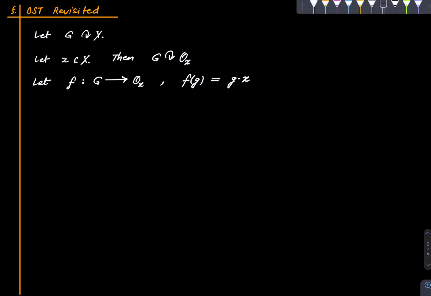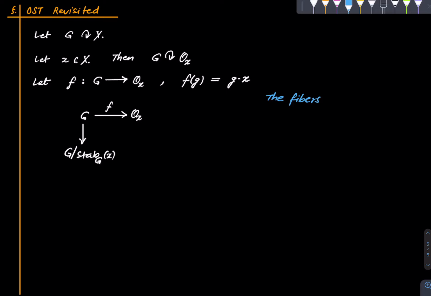So the thing is, by using set theoretic quotienting, this is exactly what we did when we were proving the cardinality version of the orbit stabilizer theorem. So we saw there that if you find out the fibers of this map f, it's just the cosets of the stabilizer of x. So let me not do that again, and here I will write the formal statement.